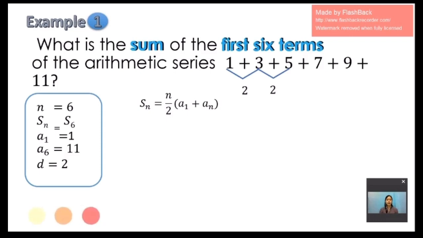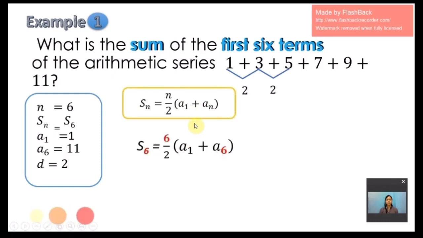We have s sub n is equal to n over 2 times the quantity of a sub 1 plus a sub n. So substituting the given values in the formula, we have s sub 6 is equal to 6 divided by 2 times the quantity of a sub 1 plus a sub 6.